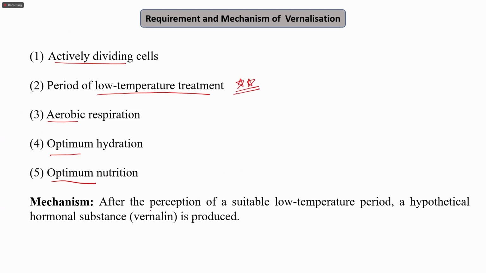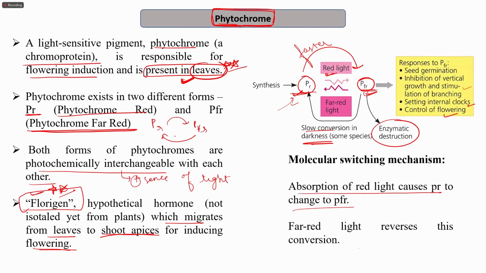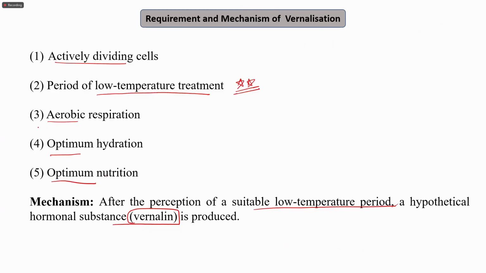The mechanism is that after the perception of a suitable low temperature period for a successive time, a hypothetical hormone called vernalin is produced. In photoperiodism, there is a hypothetical hormone, florigen, which is responsible for flowering.